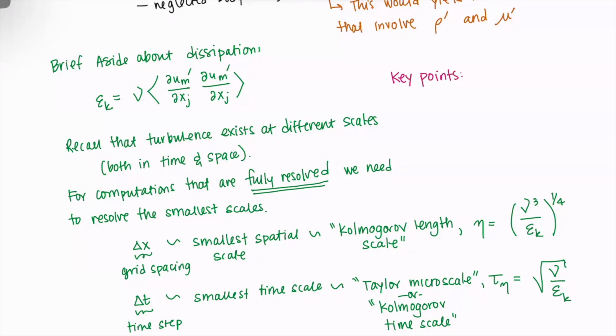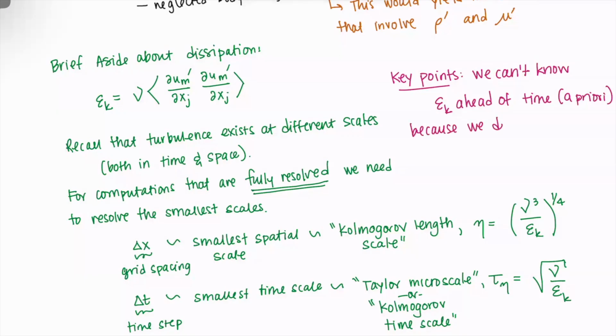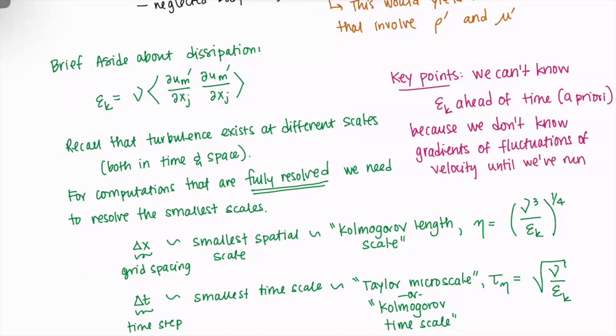So, one of the key points here is that we can't know epsilon k ahead of time, or a priori, because we don't know gradients of fluctuations of velocity yet, until we've run a simulation.